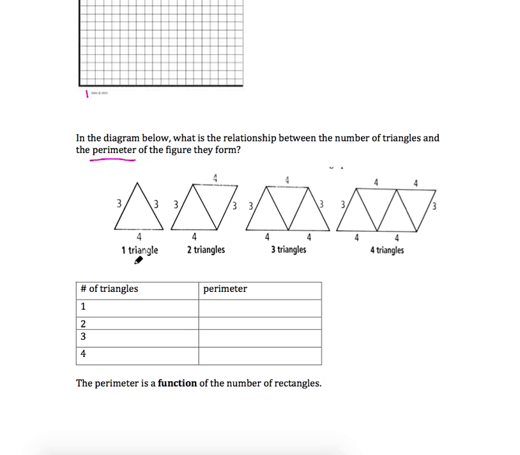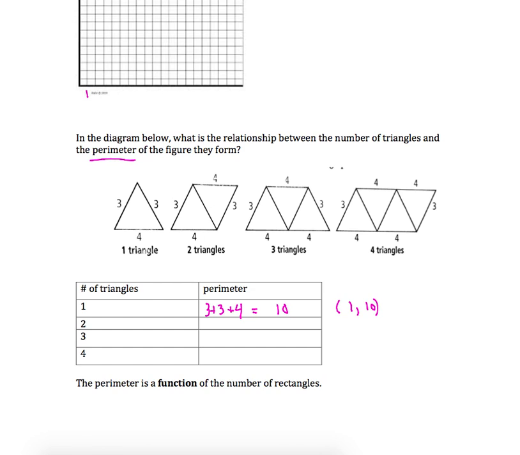So looking at the picture, number of triangles, when we have one triangle, it's this picture. We have a perimeter of 3 plus 3, that's 6, plus 4 gets us all the way back around to the beginning, that's 10. So I know we don't have the table here, but that first point would be for one triangle, we have a perimeter of 10.